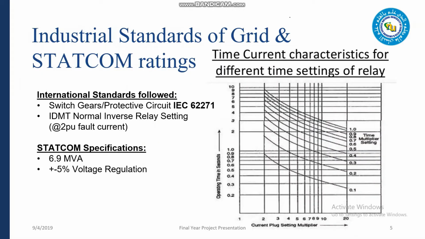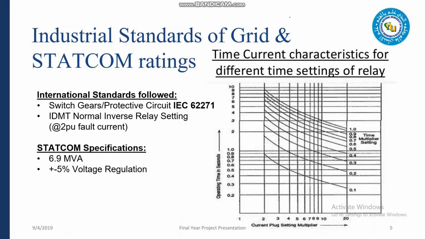Our switchgear and protective circuit follow the IEC 60271 standard, which is set for medium voltage lines. Although much of the information about this standard had to be paid for, we were able to learn that it follows the normal inverse time characteristics of the IDMT relay, with time multiplier settings set at 0.4.